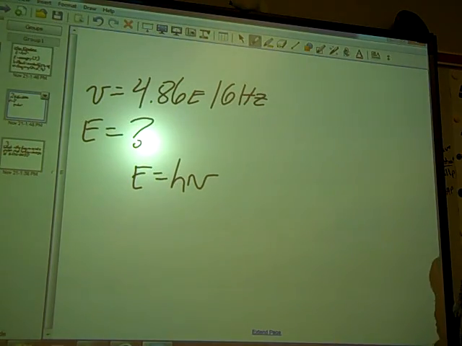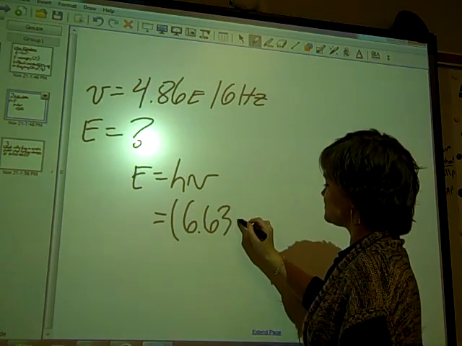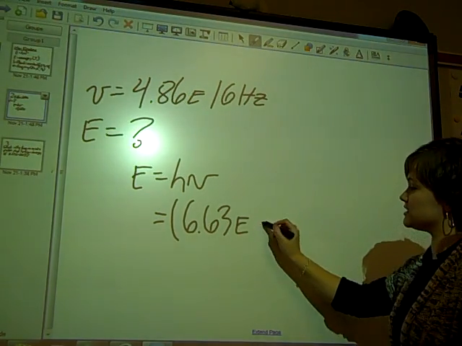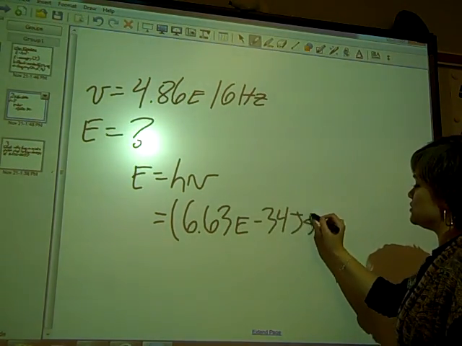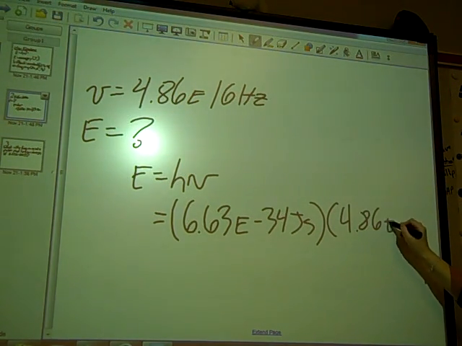So all that's left to do is to plug in my numbers. H, we've already mentioned, is 6.63 times 10 to the negative 34th joule seconds. Frequency was given to us in the problem.